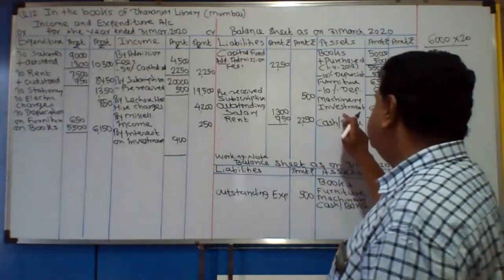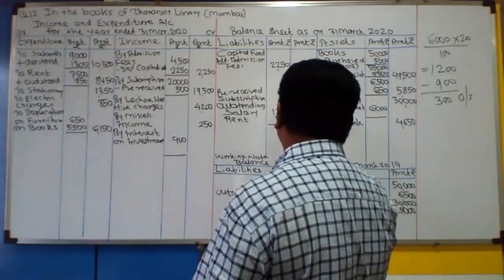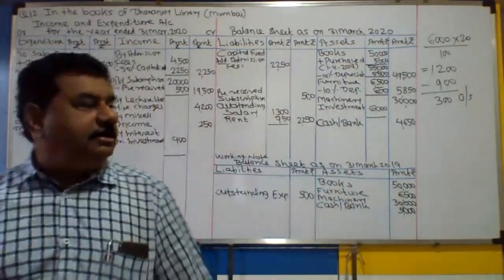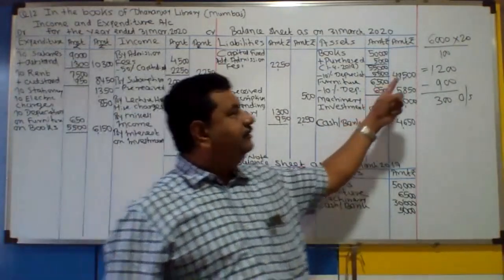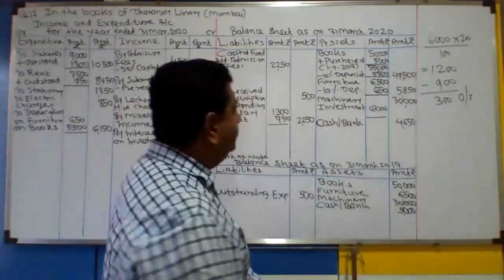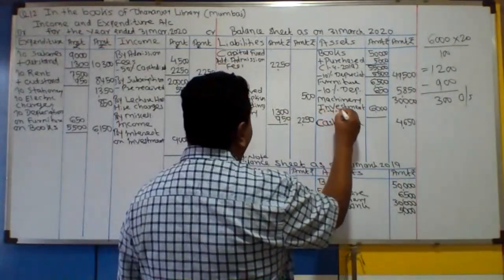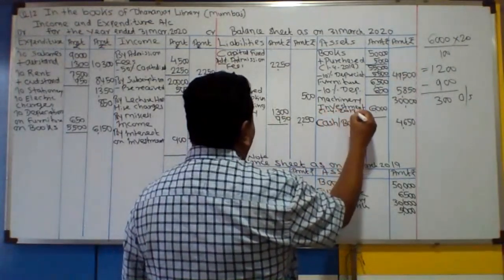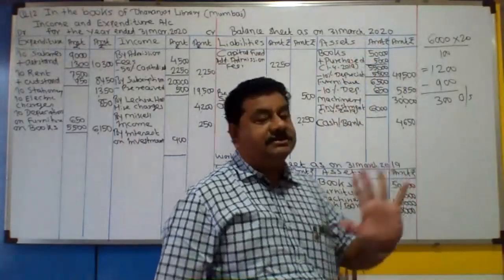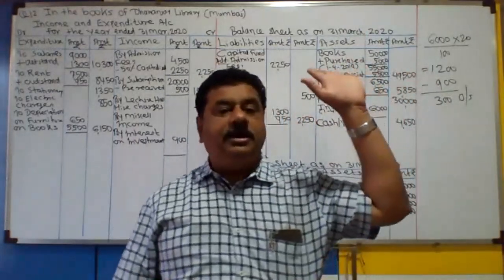And the last adjustment is interest on investment. I have already calculated it in front of you. You can see that the interest on investment is 20% for the full year. Why full year? Because the investment was also purchased in April 2019. So full interest will come up to March 2020. Full year interest is 1,200.